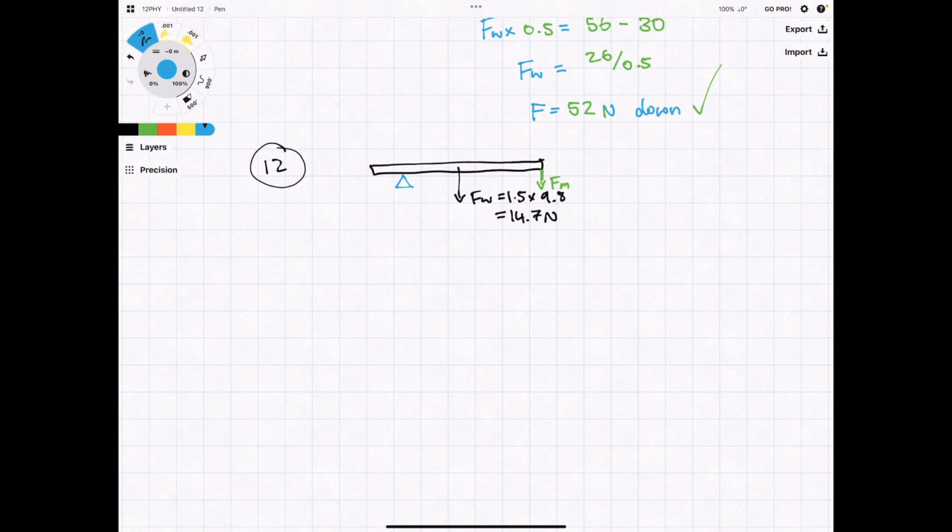Okay. Now, the pivot in the diagram is drawn as really close to the left-hand side, right? Except in this case, that's no good because both of these forces are going to be clockwise, and it's just going to fall over. Okay, so what we need to do is we need to move the pivot to between our weight force and our mass, the force due to our mass.